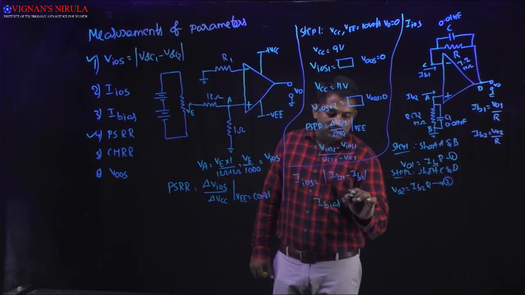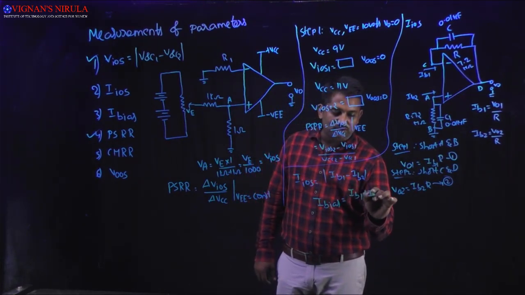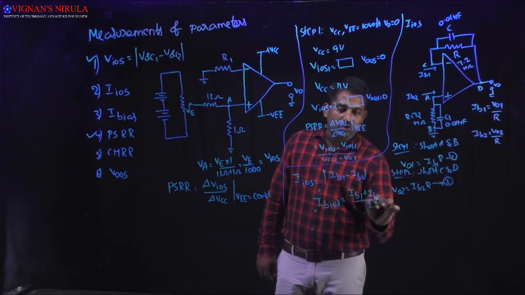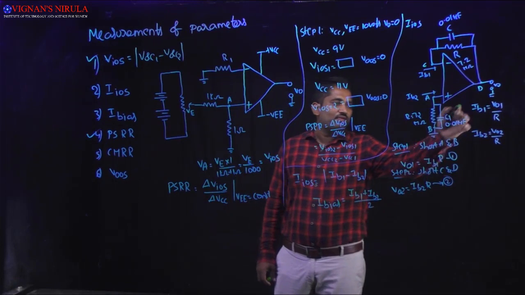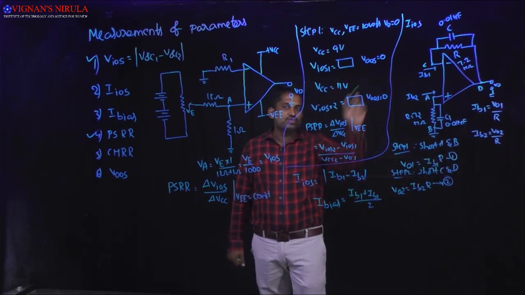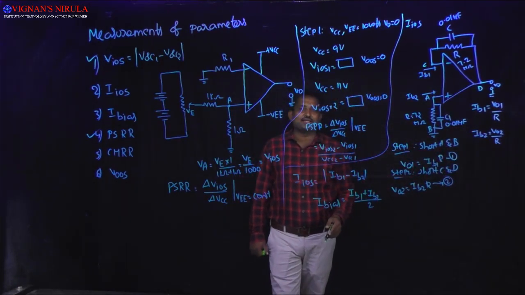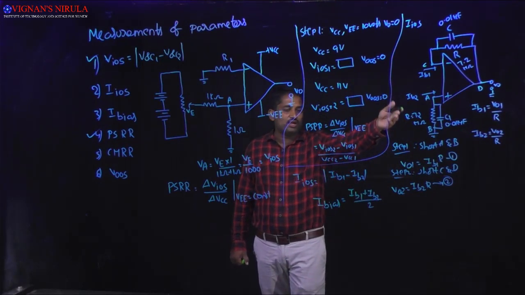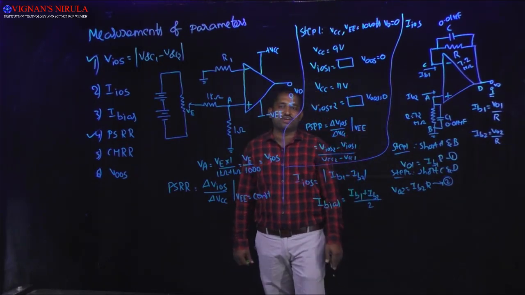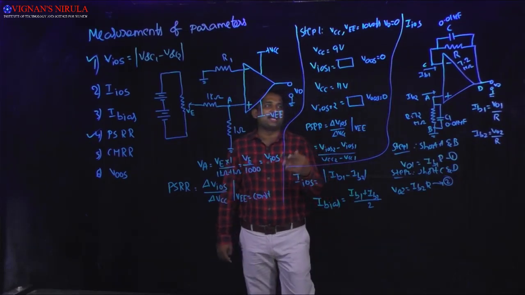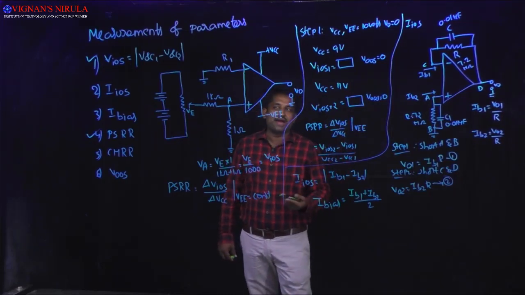So I bias is equal to IB1 plus IB2 divided by 2. If you know the values of IB1 and IB2, using the same circuit, just substitute the values in this equation, then we may easily get the value of I bias.